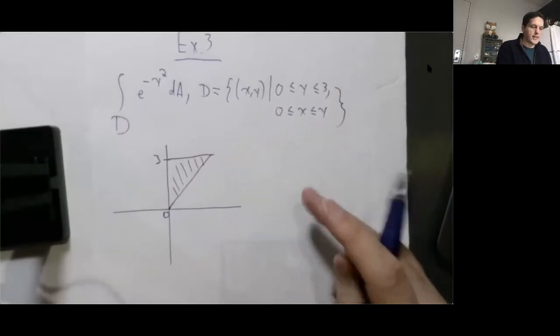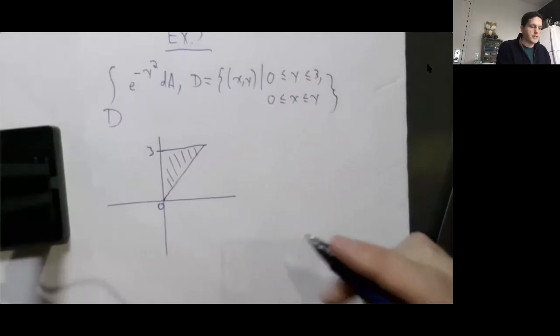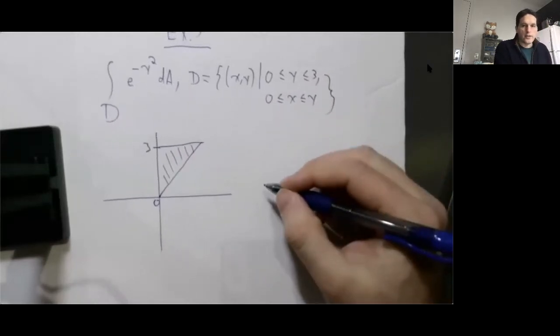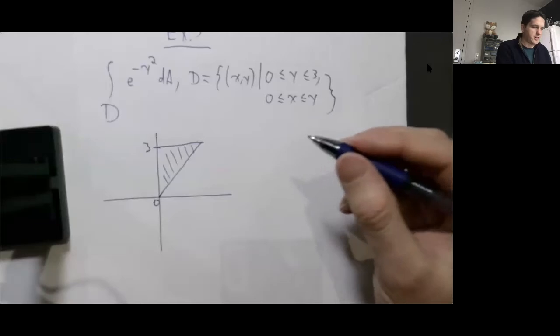Now this is a region of type 2, so let's use our formula for doing integrals over regions of type 2.